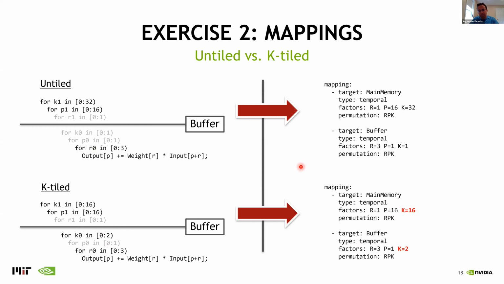Corresponding to each of the blocks in this loop nest, you've got a block of YAML that tells what the factors are and what the permutations are. Okay. And again, you've got these grayed loops, which represent these trivial loops going from 0 to 1. Okay. And the tiled version has this interesting thing now. You've got a non-unit K at both of these levels.